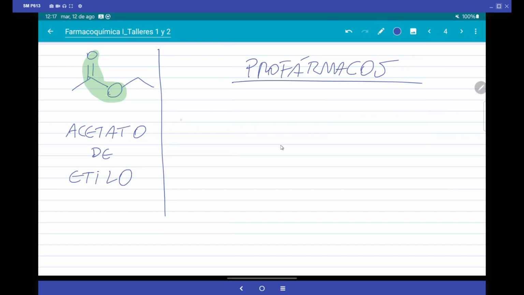Example 1: if you have a drug with an alcohol structure, you transform it into a prodrug by making it react with a respective acid, and we are going to have the ester structure.